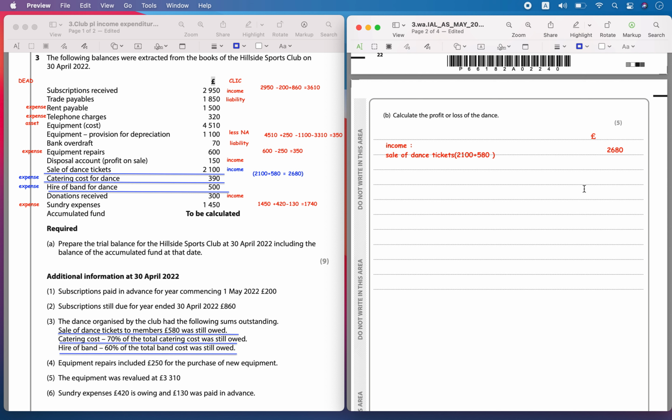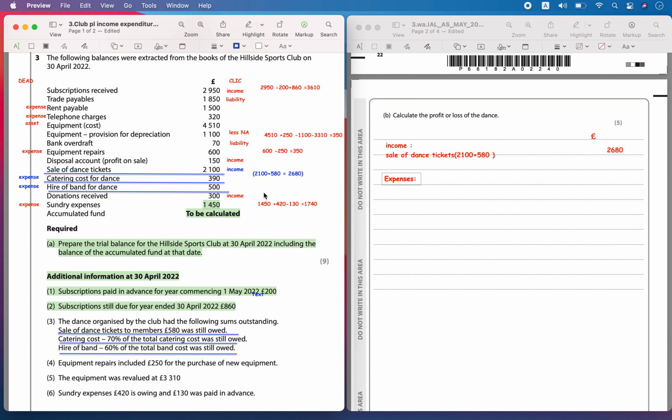And then you have catering cost. Okay, then expenses. So this is income. Now let's write all the expenditures, the expenses that have been incurred. So first one, there was a catering cost. The catering cost paid was 390, which is the balance, but 70% of the total catering cost was still owed.